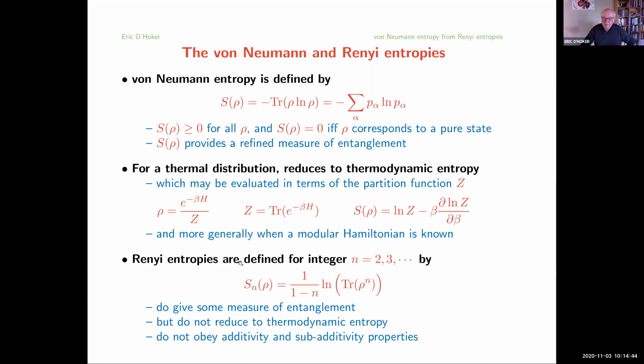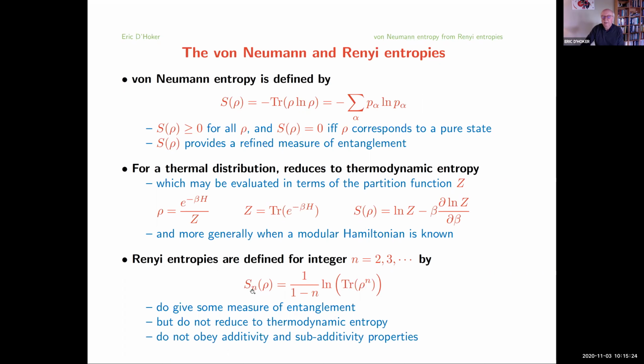Now, Renyi entropies are defined as follows. So in fact, there's not a single Renyi entropy, but they're labeled by integers from 2 to infinity. And they're given essentially by the trace of rho to the n, except that the way Renyi defined things, there's in fact a log, and then there is a prefactor of 1 over 1 minus n. So in the case where n is equal to 1, the trace is equal to 1, and then the log is 0, so this is indefinite.